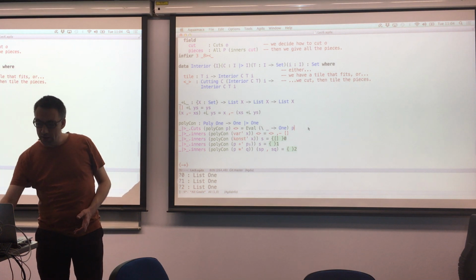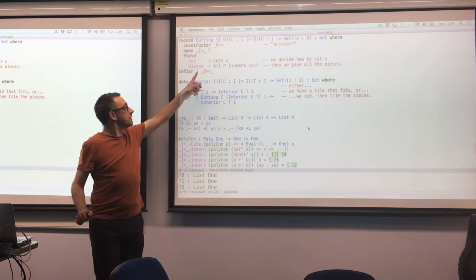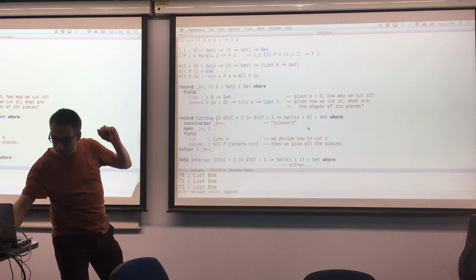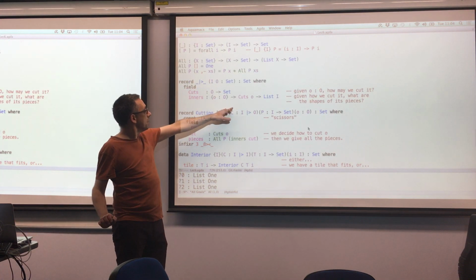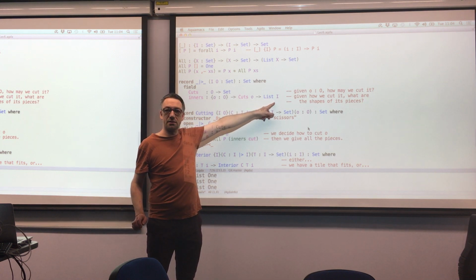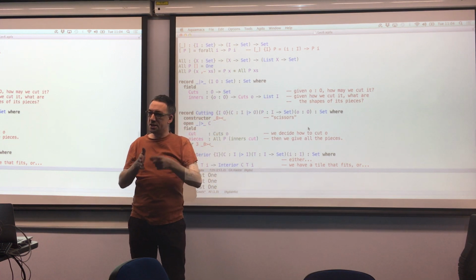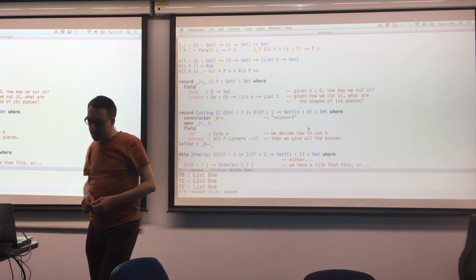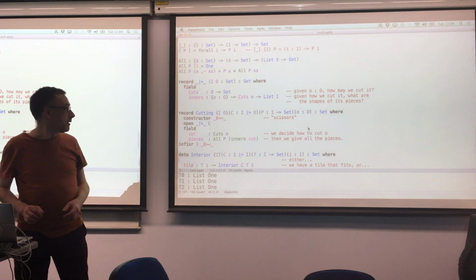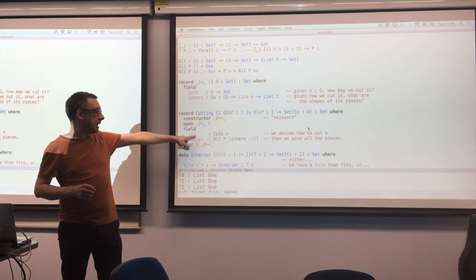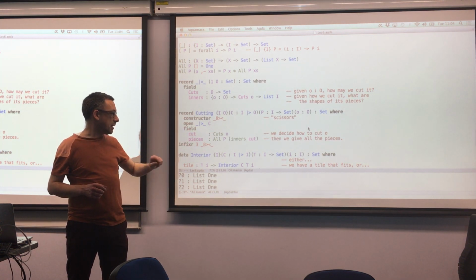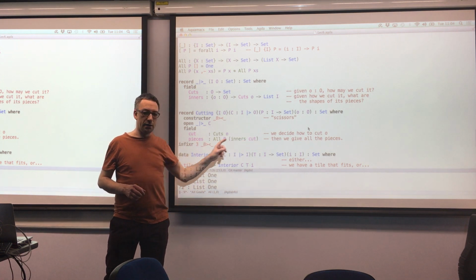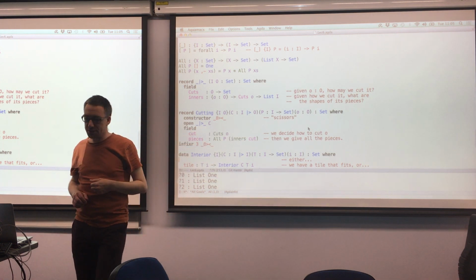And then we say, given the way we've chosen to make the node, what's the list of positions for substructures? And then you give the actual data by choosing one of the available cuts, and you have to give substructures for all of the positions.